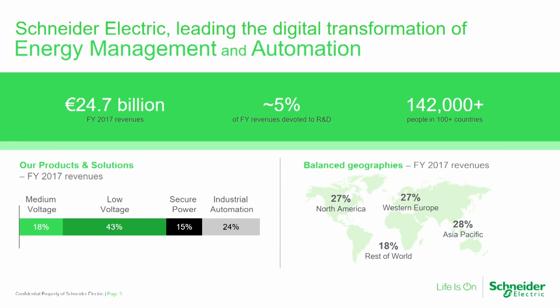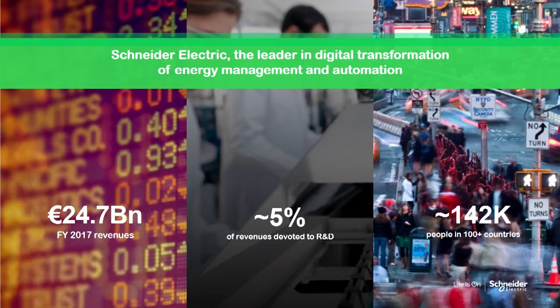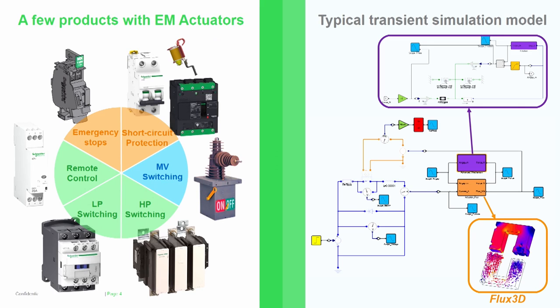Now, my team is specialized in electromagnetic actuators and their control strategies. Here you have a few examples of products, including linear electromagnetic actuators, covering various applications. You have small auxiliaries that are present in circuit breakers.